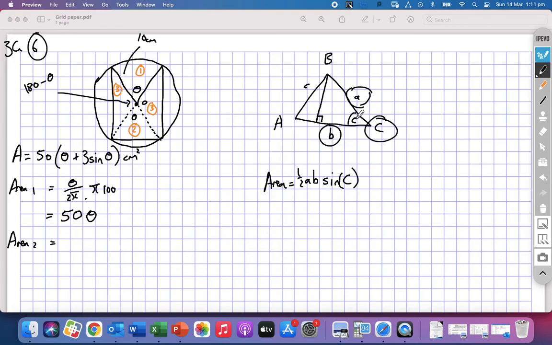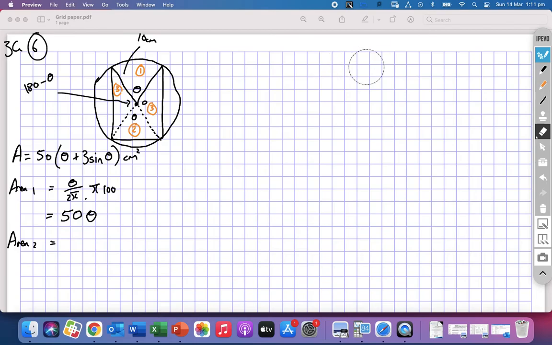So it would be sine C times the hypotenuse A. So A sine C is giving you the height, B is giving you the base, and half is in the formula anyway. So that's our formula for the area of a triangle. It's the simplest way to get there.